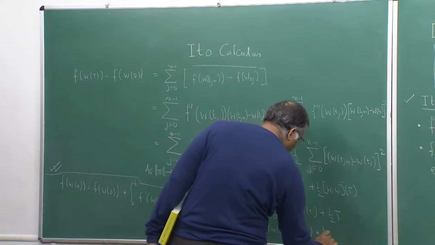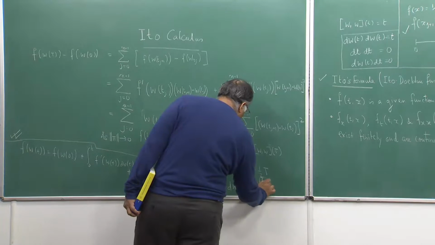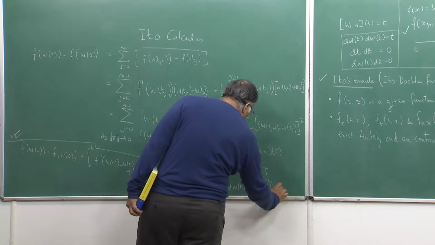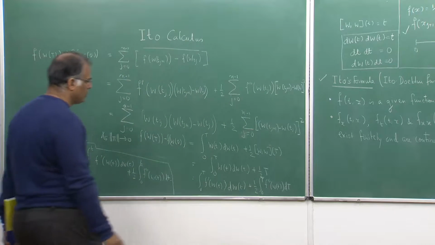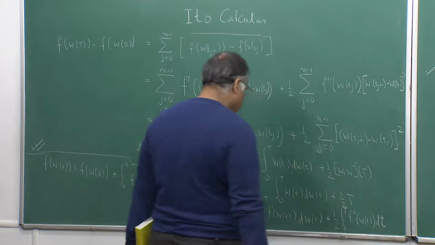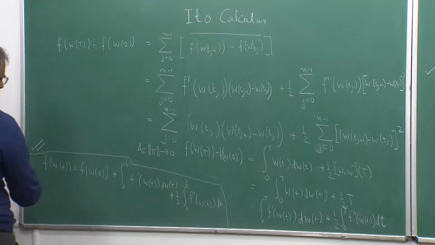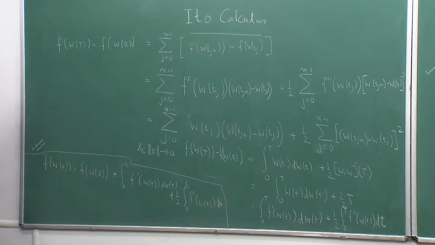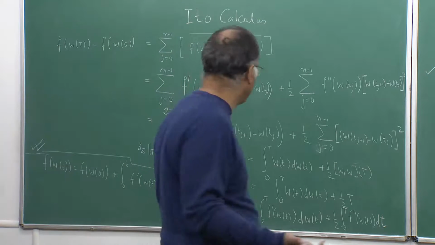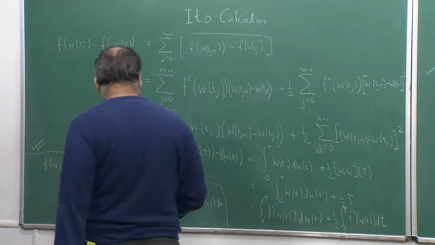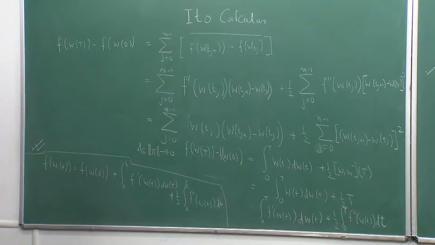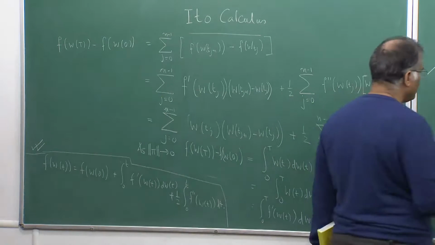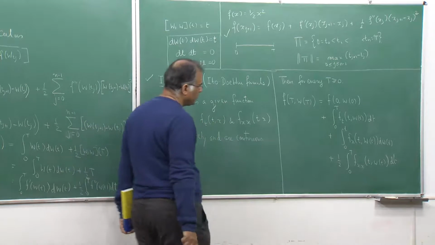So, I can write this as half of the integral from 0 to capital T of f''(W_t) dt, sorry, dt small t. So, you see finally I have got this formula by using f(x). If I choose a particular f, I can get a particular formula. So, I chose f(x) equal to x squared, and you see it matches this formula. Under f(x) equal to x squared, we have proved that I can write it like this, or else in general when you take a function f(t,x), you have this formula.